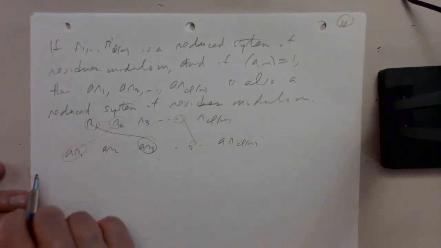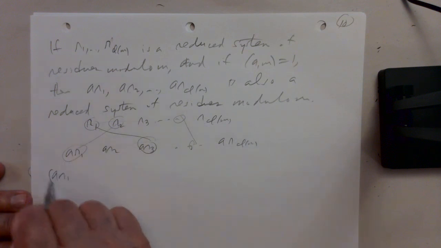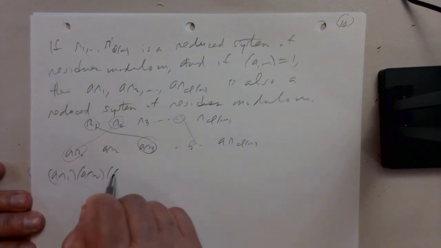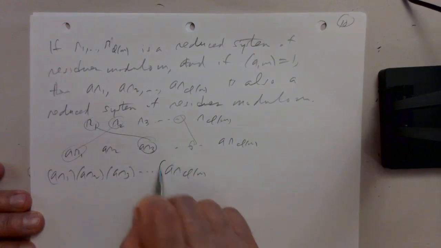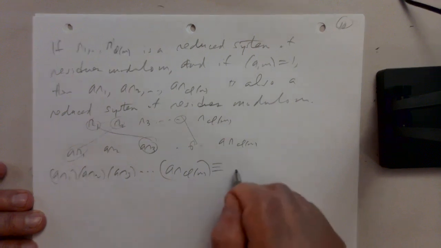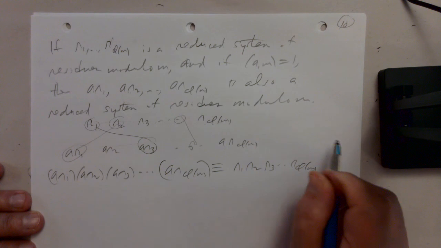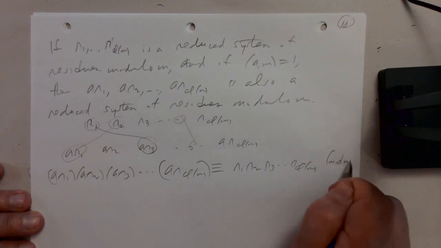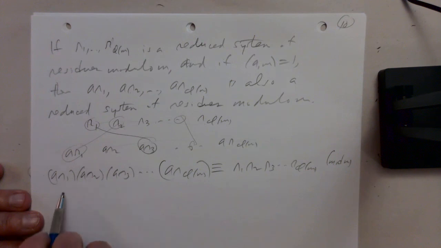So if you look at this modulo M, the product of all these numbers, AR1, AR2, AR3, up to AR sub phi of M, is congruent to R1, R2, R3, up to R sub phi of M, mod M. And these are just integers. I can factor out the A's.